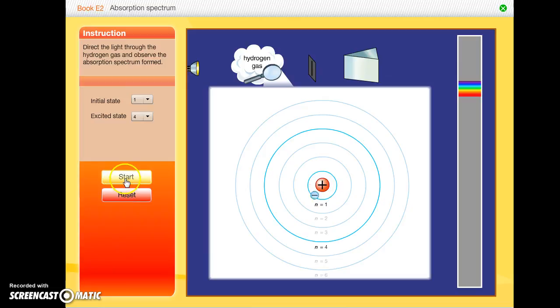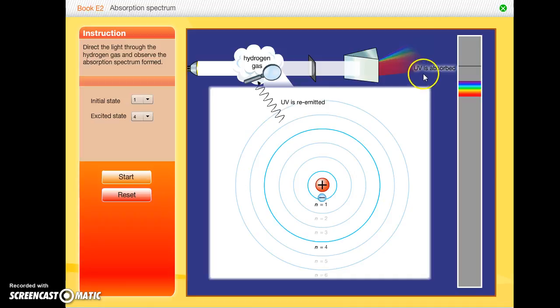Now, when light passes through the hydrogen gas, the electron is promoted to a higher energy state when a UV photon is absorbed. Later on, when it returns to a lower energy level, UV light is emitted in all directions.